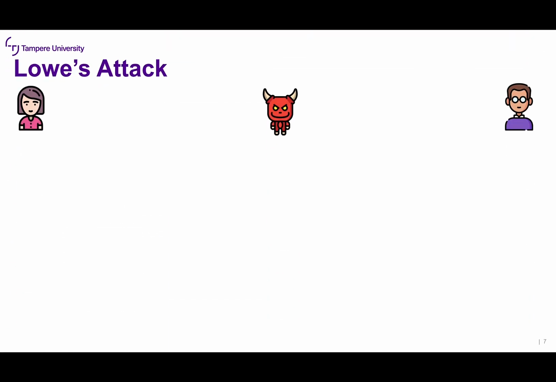So let's see finally how this attack works, right? So Alice basically has established a valid session with Eve, right?